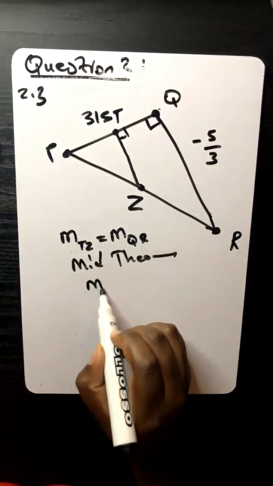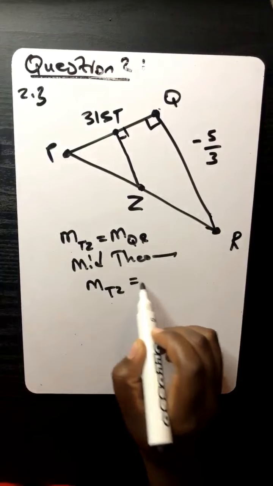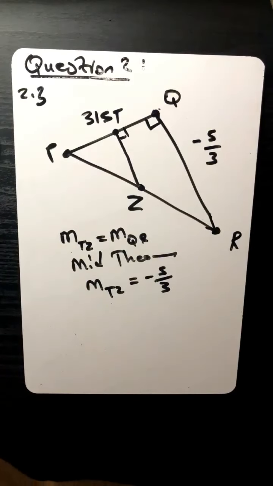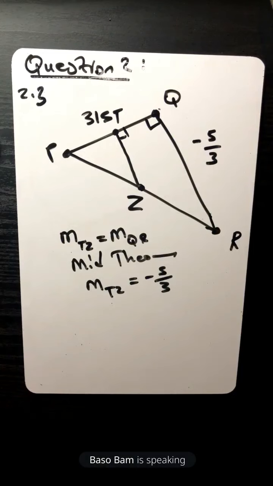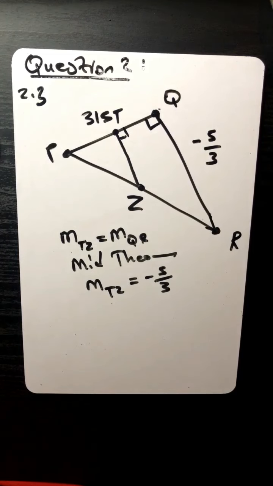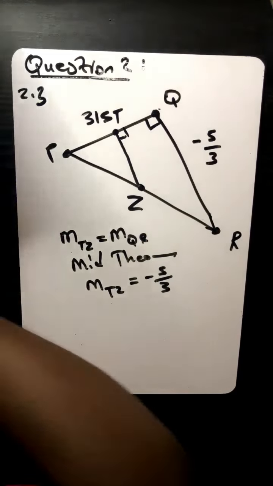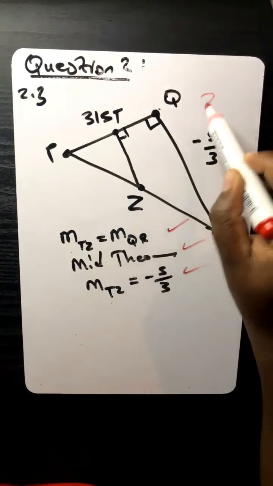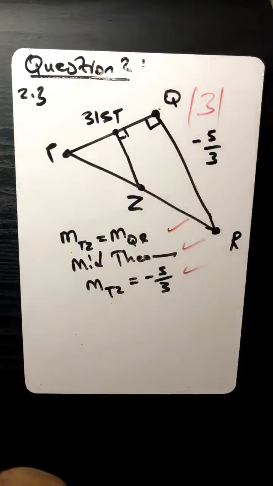So the gradient of TZ is also equal to -5/3. Does it make sense, guys? Yes, sir. Okay, so guys, this is how you score yourself 3 marks. This question was allocated 3 marks.